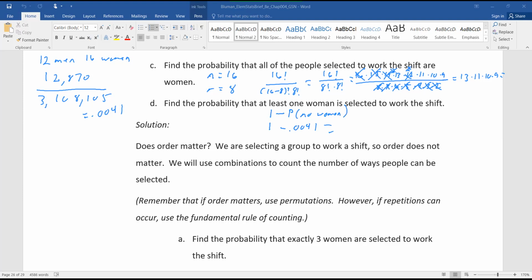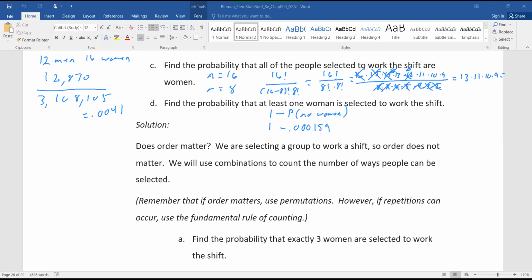Part B. Yep. Let me go back. Let me erase. The no women was what? 5.9. All right, so there's your no women. 00159. We have the right number now?